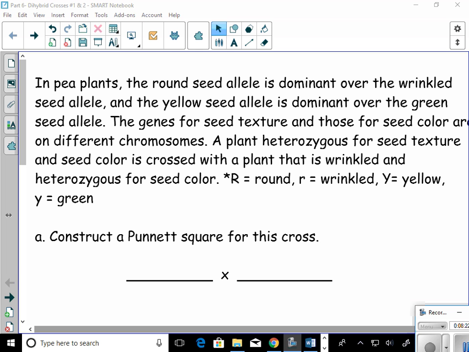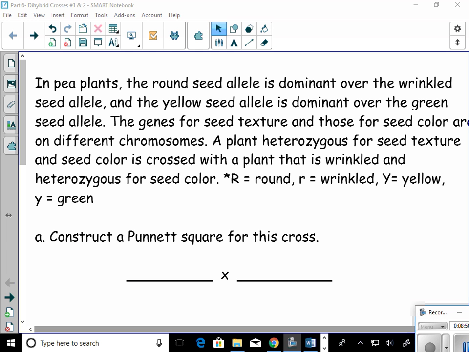In pea plants, the round seed allele is dominant over the wrinkled. The yellow seed allele is dominant over the green. Isn't that what we were just dealing with? Okay, so those are the same. Round, wrinkled, yellow, green. So it says, a plant that is heterozygous for seed texture and seed color is crossed with a wrinkled and heterozygous for color.